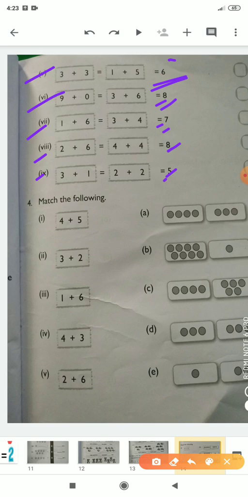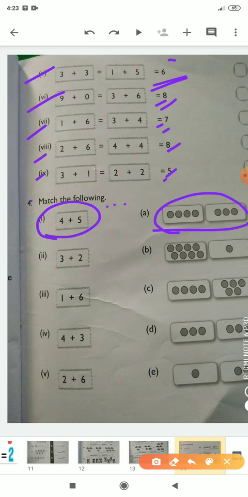Now match the following. It is very easy, and I think you are happy to do it. So here we have numbers, then we have balls here. So we have to join the correct answer with the correct number of balls. Now here we have the first number, that is 4 plus 5.